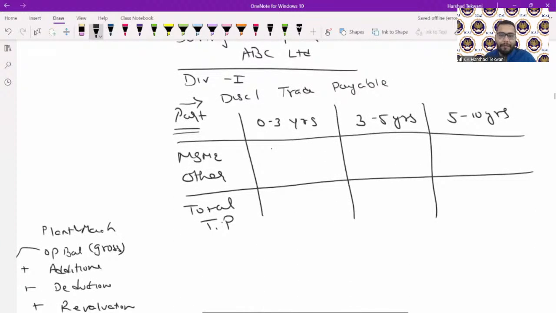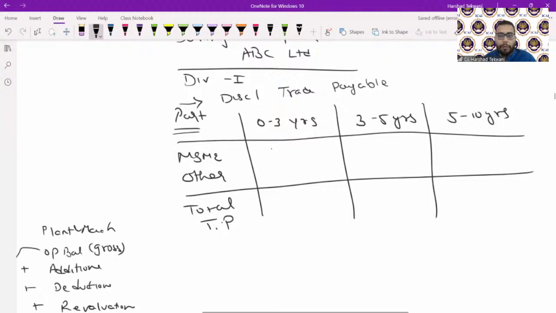Now you tell me whether this is appropriate or not. What the management of ABC Limited did is, first of all, disclose the schedule with this aging, because they say this aging is more convenient to their business.